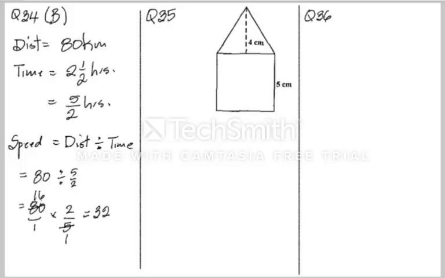All right, this is a composite shape, and the total area would be the area of the triangle, which is half base times height, plus the area of the square, which is length times length. All right, this side here is 5. It's a square, so this side is also 5. And if down here is 5, it means that up here is also 5.